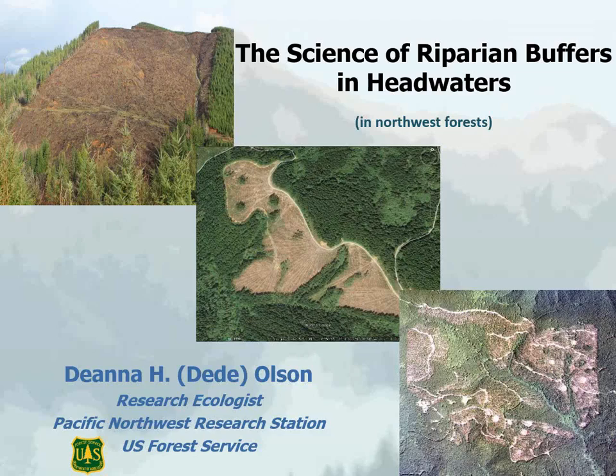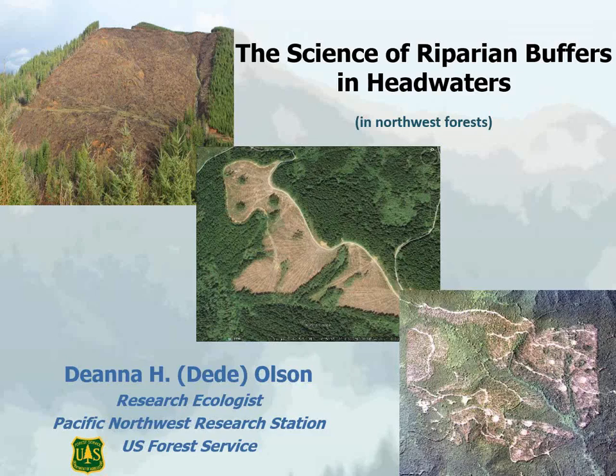So I'm with the U.S. Forest Service. My duty station is in Corvallis, Oregon. I've been working on riparian buffers and their effects since 1993 during the development of the Northwest Forest Plan for federal lands in the moist coniferous forests of the Northwest.